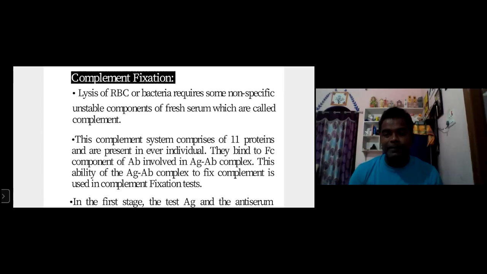Using this blood clotting, that is the agglutination test. Mainly two types are there: active agglutination and passive agglutination. Test tube agglutination or slide agglutination. In the tube agglutination we conduct the Widal test, and slide agglutination is also the rapid agglutination. That identifies Salmonella typhi, that means typhoid fever.